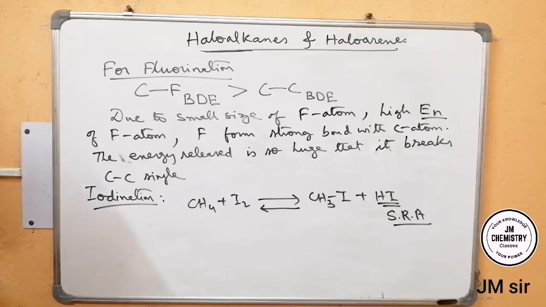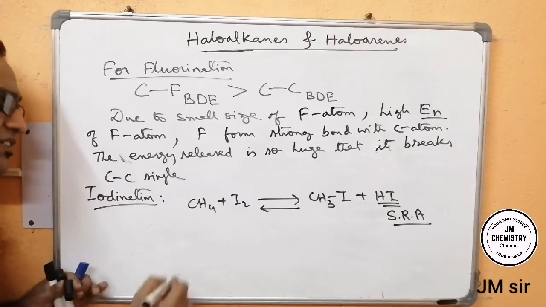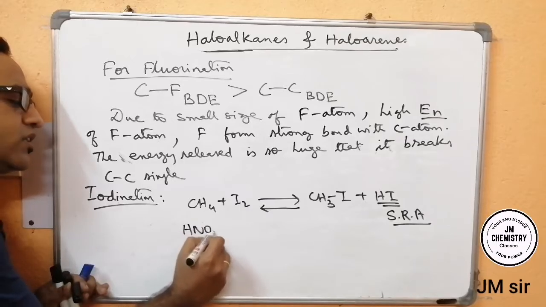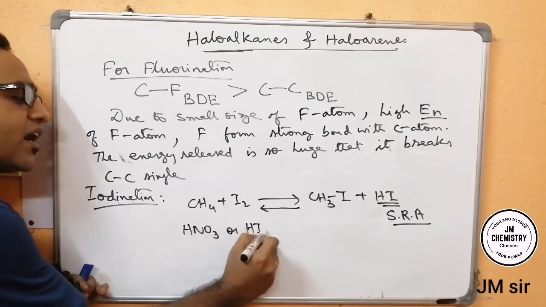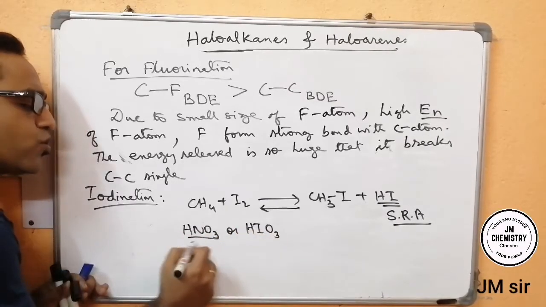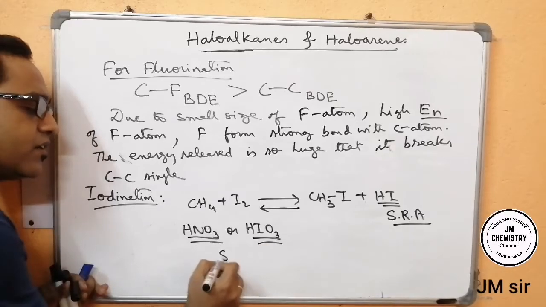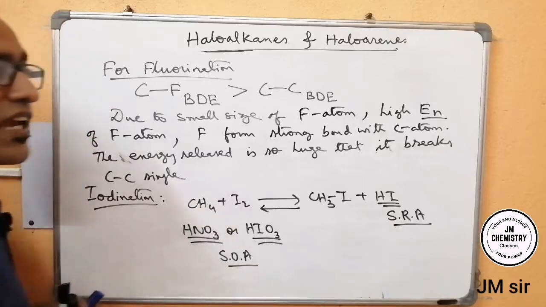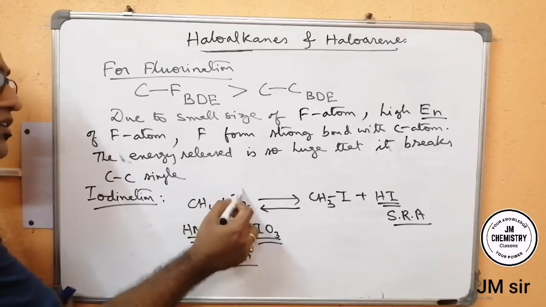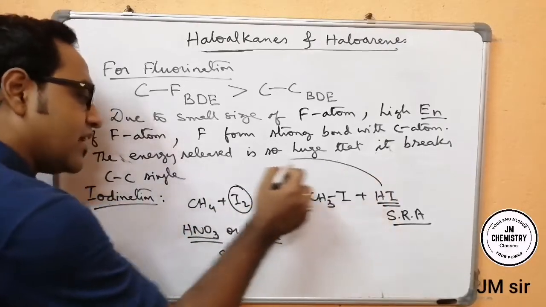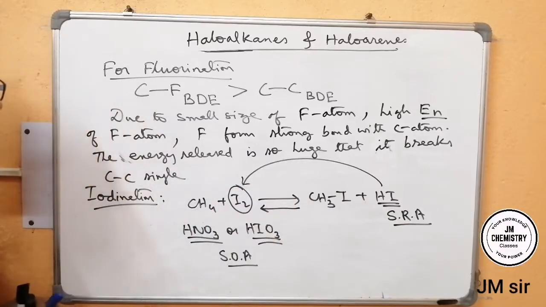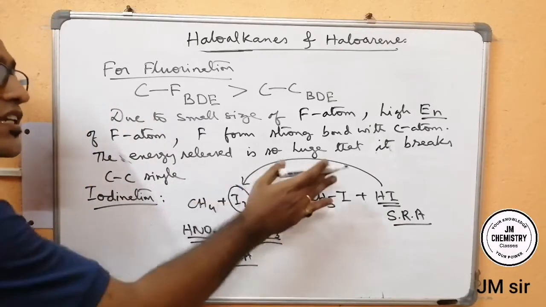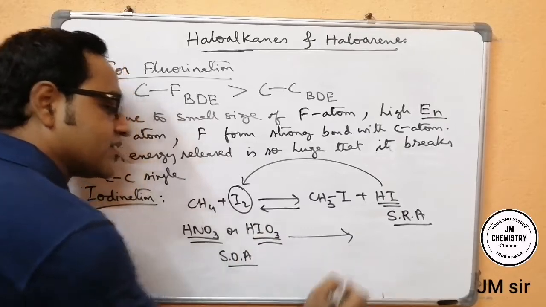So what we do, we carry out the reaction in presence of a strong oxidizing agent like HNO3 or HIO3. This strong oxidizing agent oxidizes HI to iodine, and thus it moves the reaction in the forward direction.